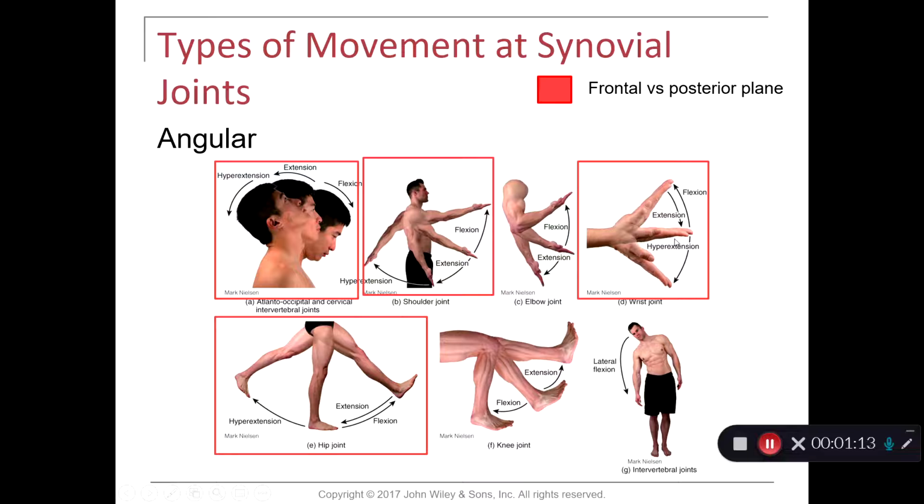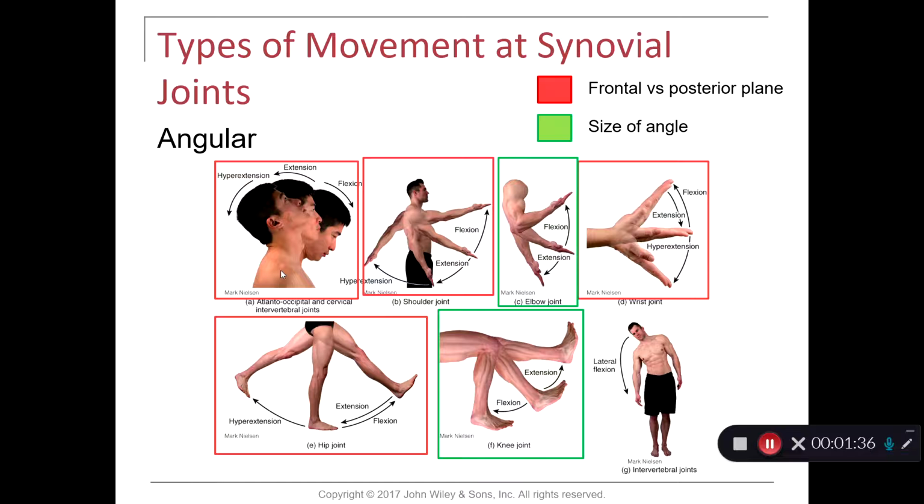All of them are referring to your position in relation to the anatomical position. Is it in front of the anatomical position, or behind that anatomical position? While these two right here are talking about the size of the angle.